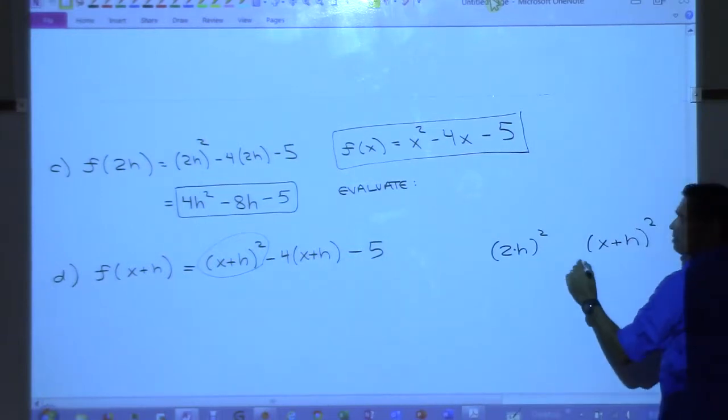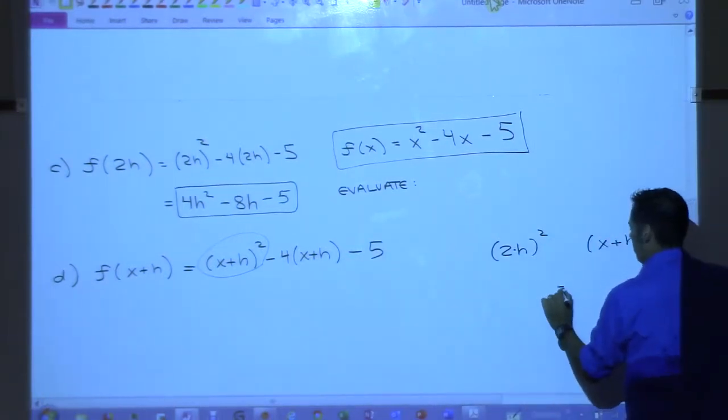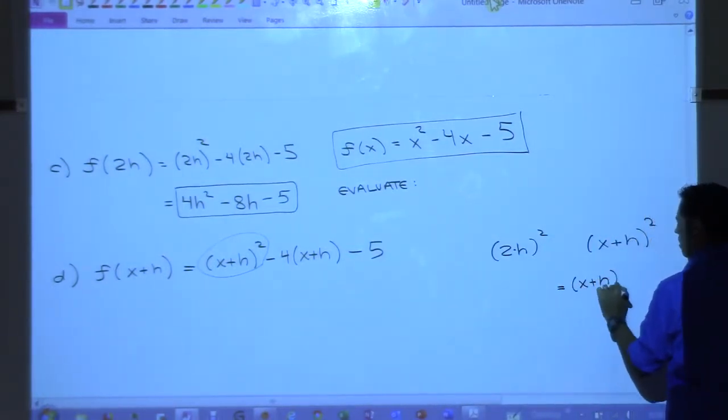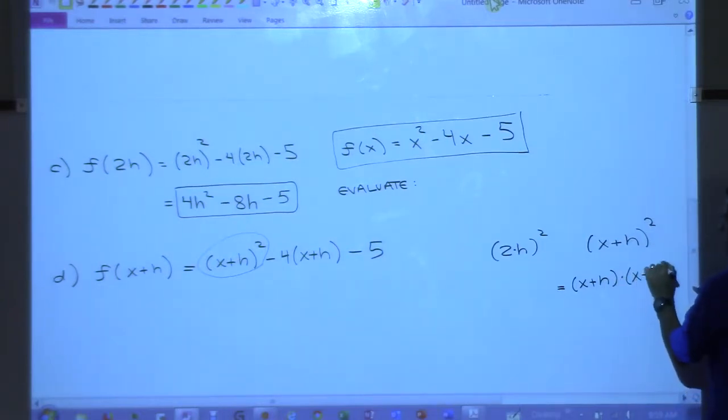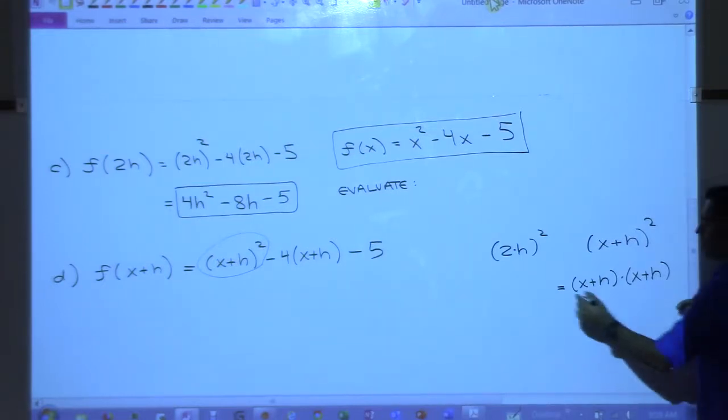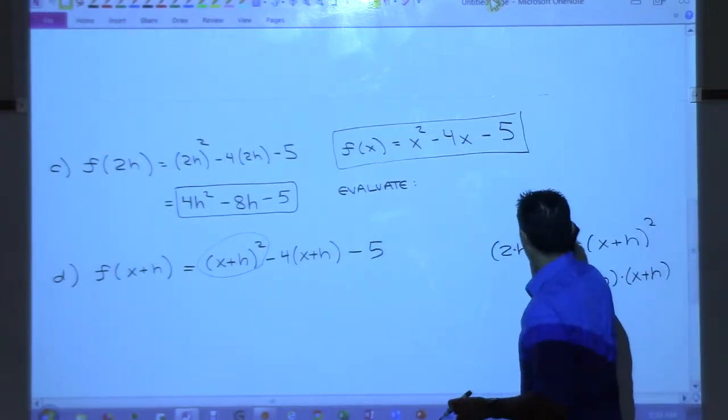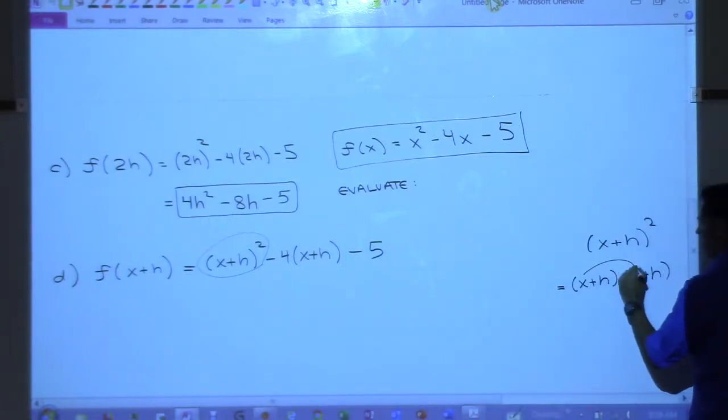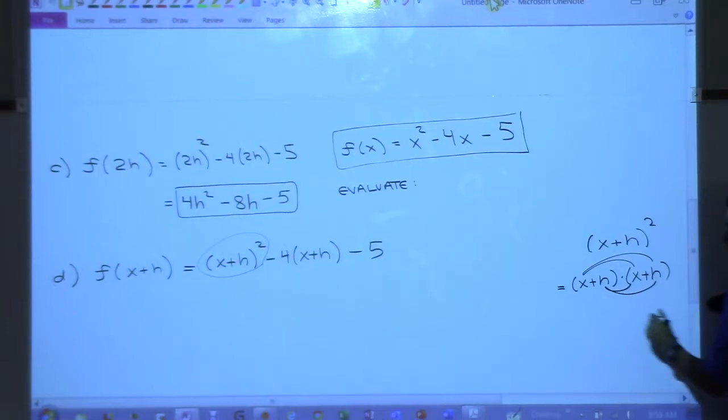This means we have to do x plus h times itself, and that means we have to FOIL it. Okay, so we have to expand this out, all right? So let me get rid of that thing. So we have to do this times this, this times this, this times this, this times this.